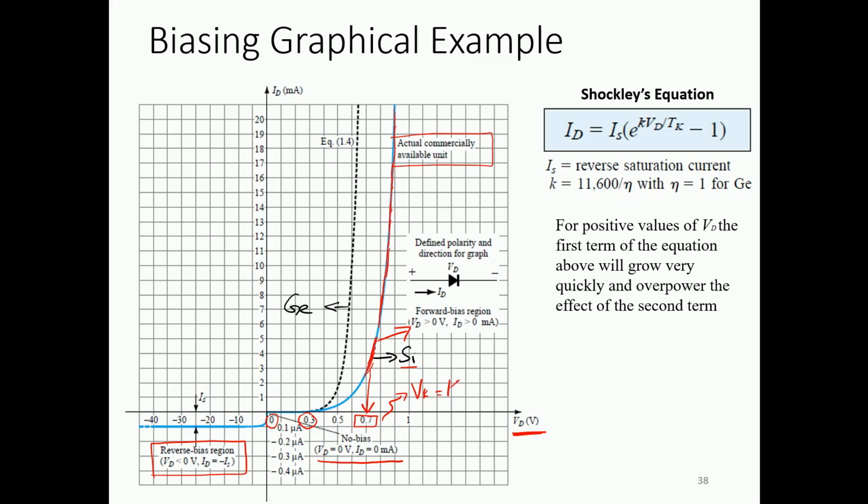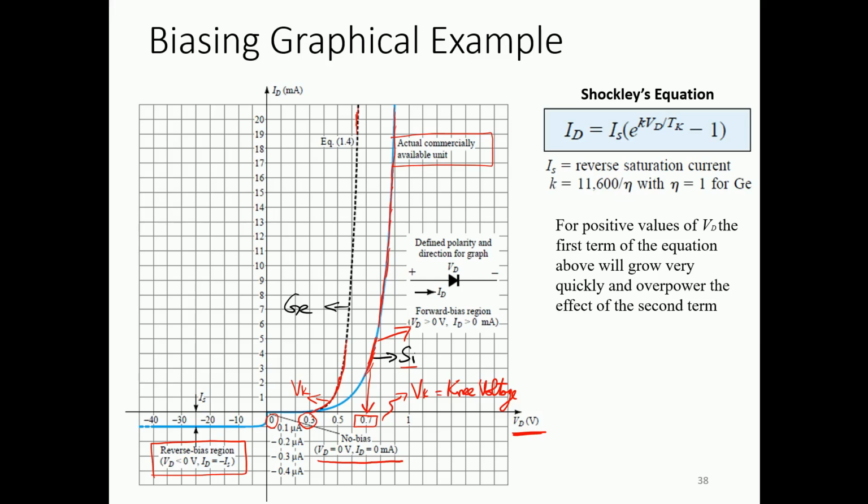This is the voltage where the diode will start to conduct. But if we consider the diode made from germanium, 0.3 is the value where the diode has formed its knee voltage. So 0.3 is the knee voltage for germanium, and then it takes its maximum value as shown over here.